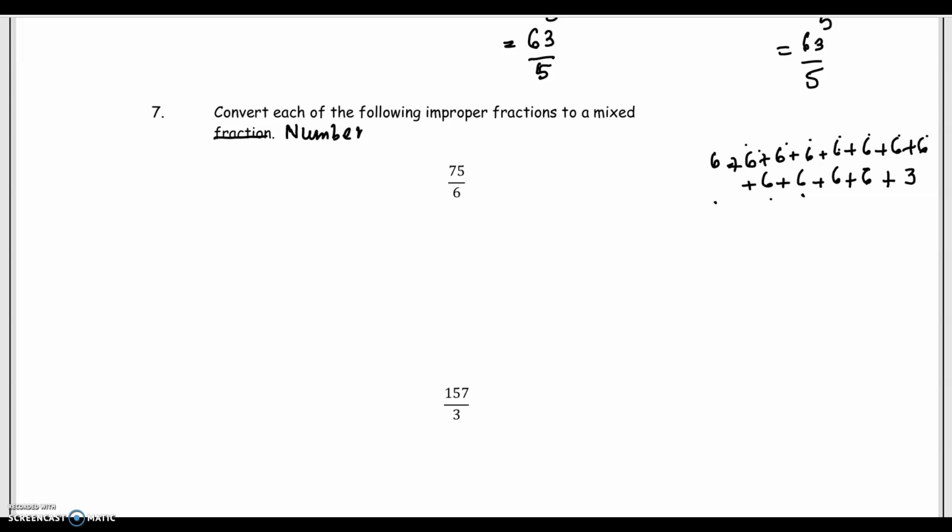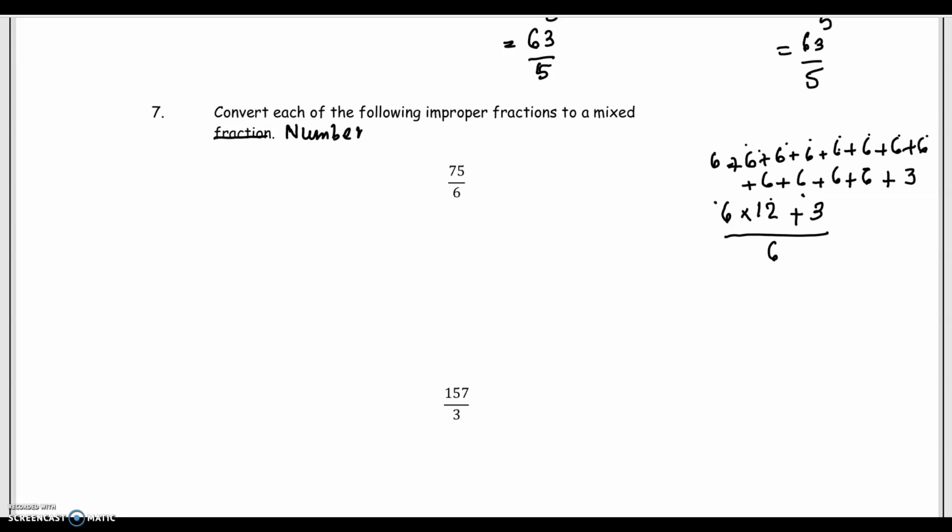So this is how we are counting the sixths. So how many sixes do we have? 6 times 12. That makes 72 plus 3, and that's the total number of sixths we have.